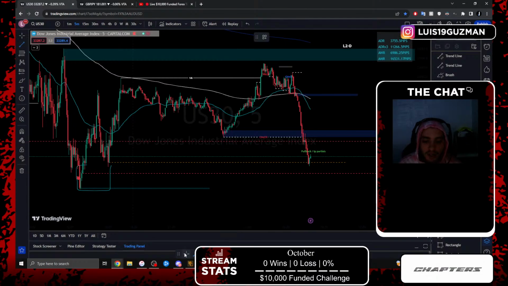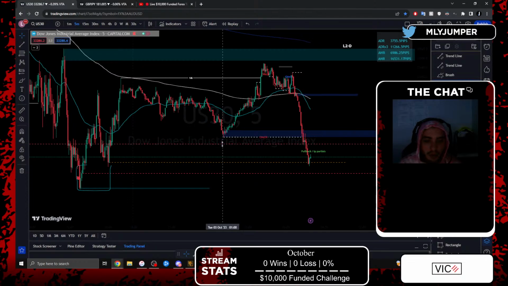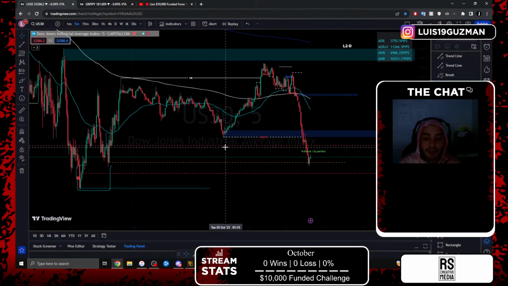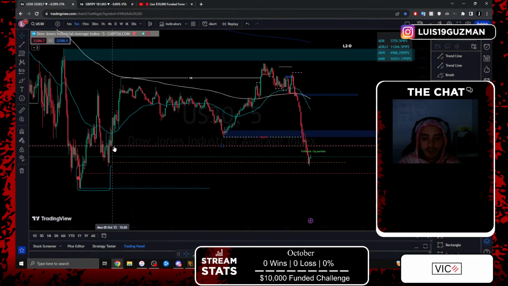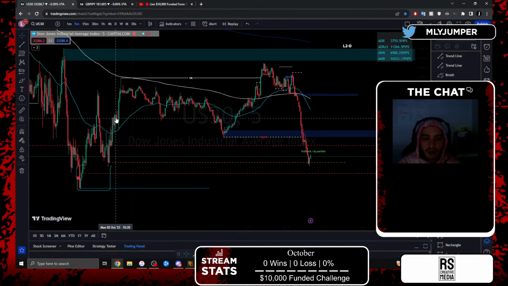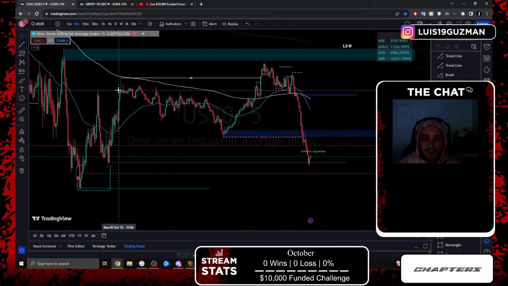So this red line was the entry, right? But I'm gonna move this now. This red line is now the break of structure that happened in the market. If you look to your left side, you had low, high, higher low, higher high, higher low, higher high, higher low, higher high, right?